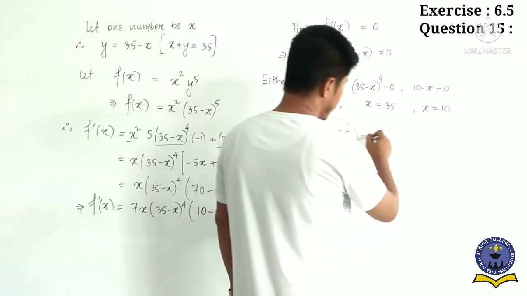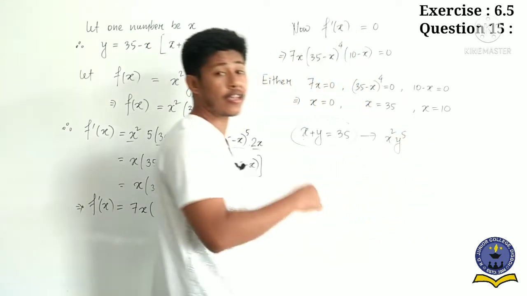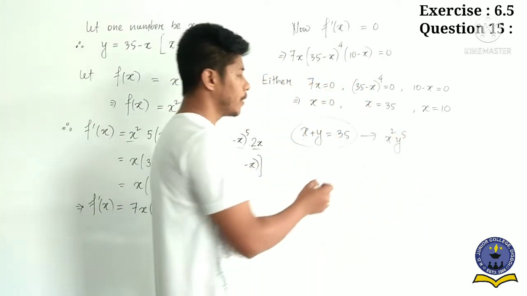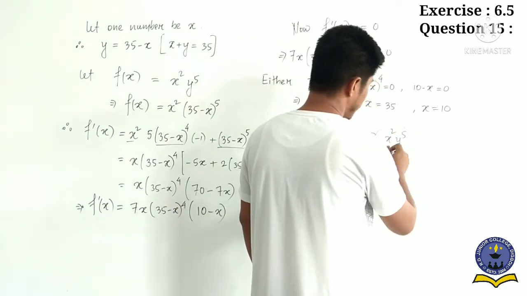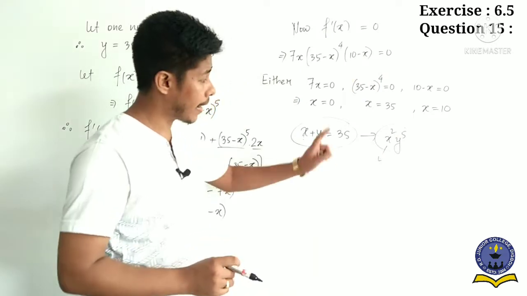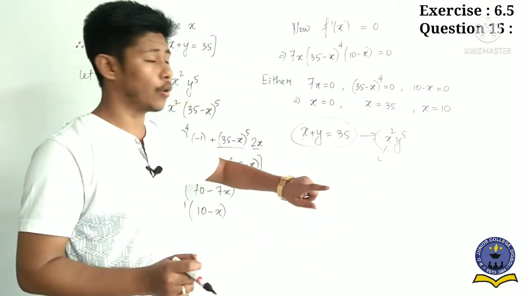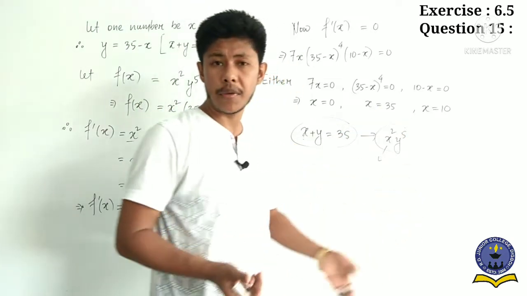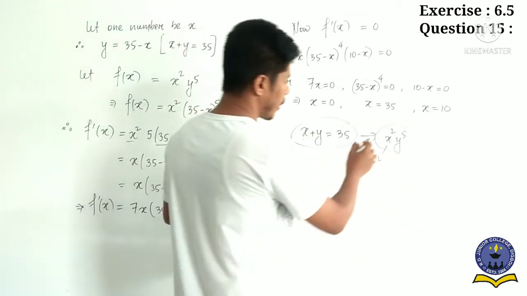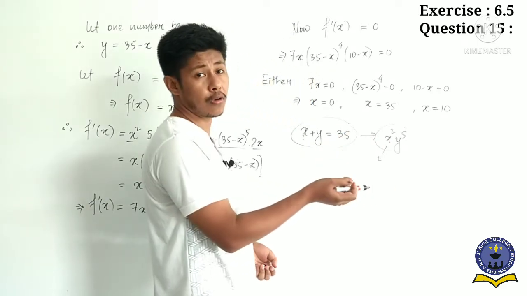Since the product is given, x square y to the power 5 is maximum. So if their product is maximum, that means neither x nor y equals 0. If any one of these is 0, then the whole result is ultimately 0, isn't it? So x equal to 0 is not possible, as well as y equal to 0 also not possible.